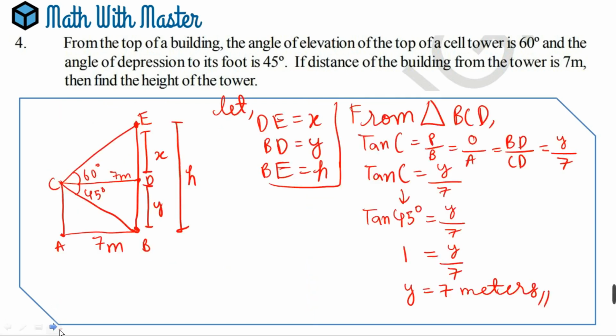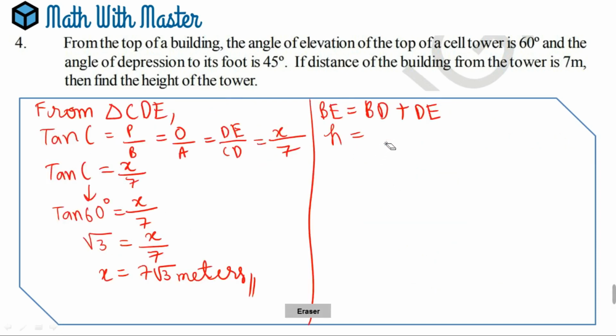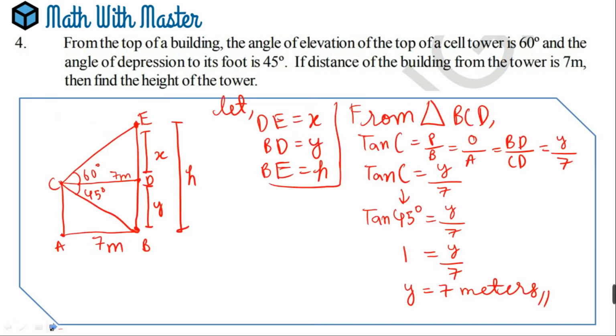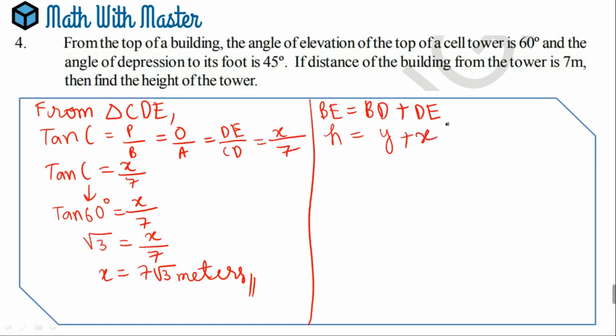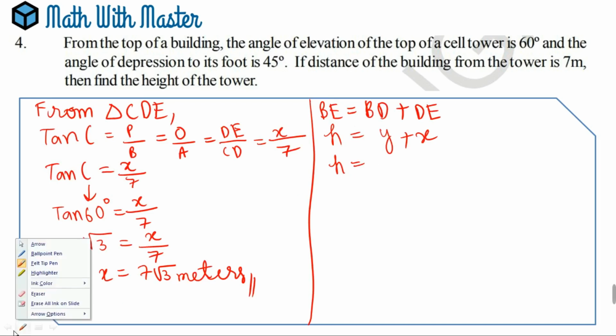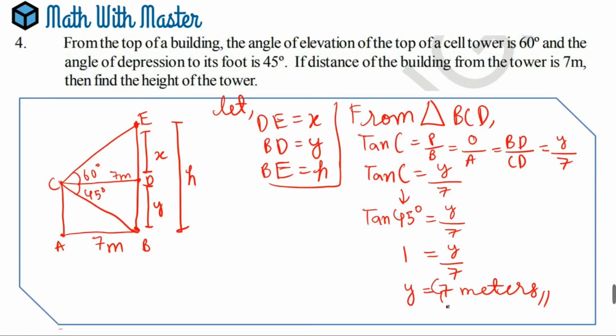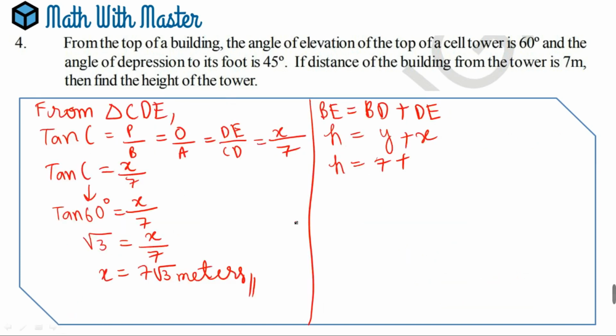Our BD is Y, not X, it is Y, plus our DE is X over here. So H is equal to Y plus X or X plus Y. Here we have solved Y as 7 meters. So 7 plus, what is the value of X? It is 7 root 3 meters. So this is plus 7 root 3.